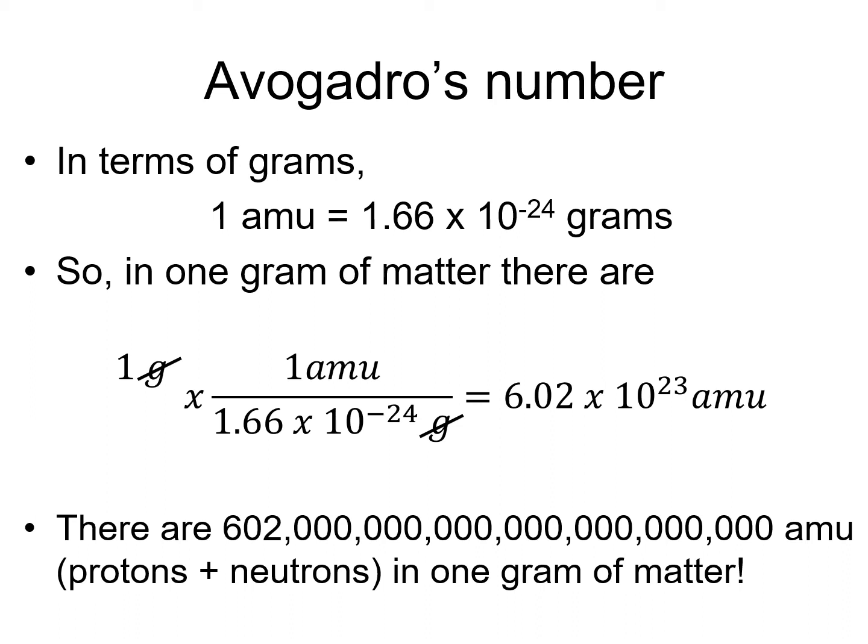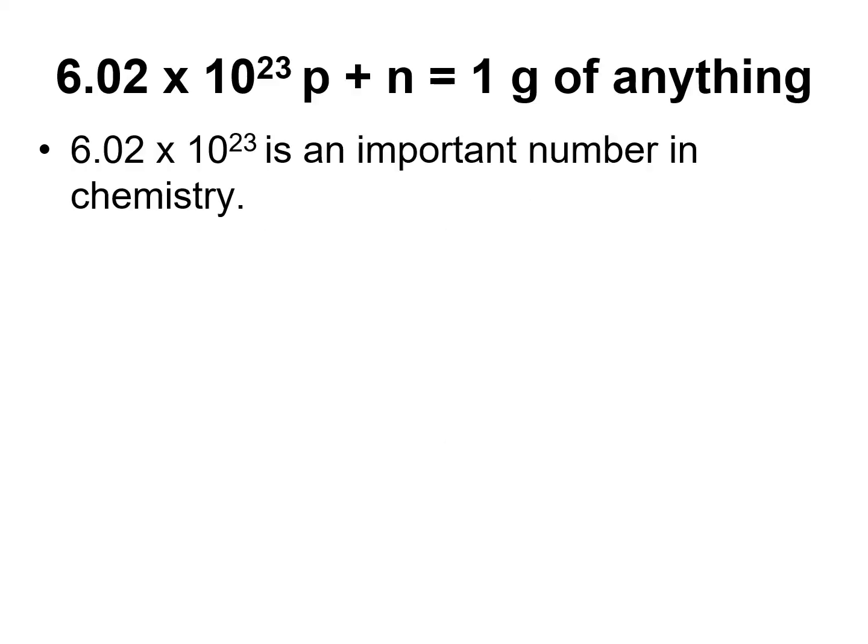6.02 times 10 to the 23rd is a very large number. It's a 602 and then 21 zeros. That's how many protons or neutrons it takes to make 1 gram of anything. It turns out that this number, 6.02 times 10 to the 23rd, is very important.